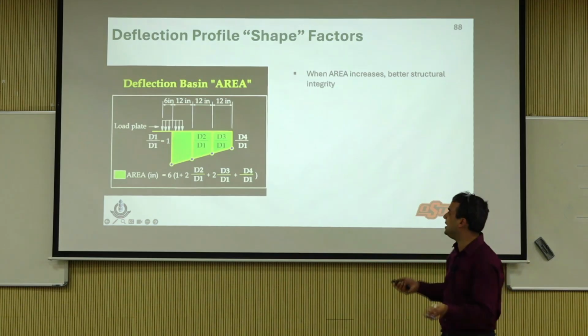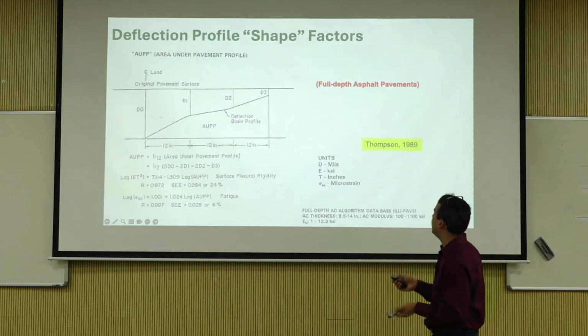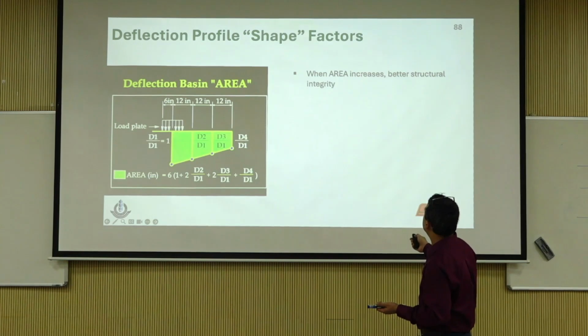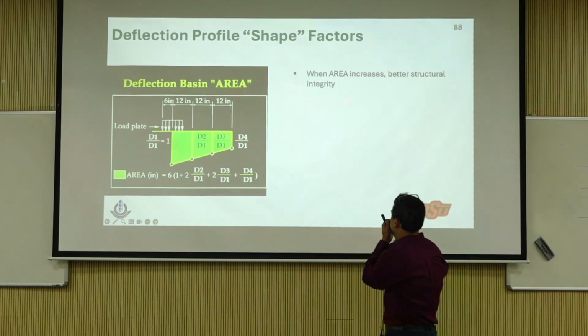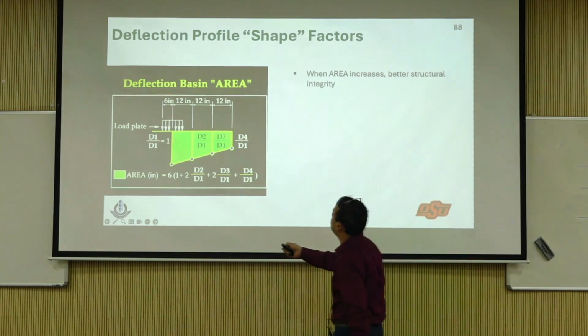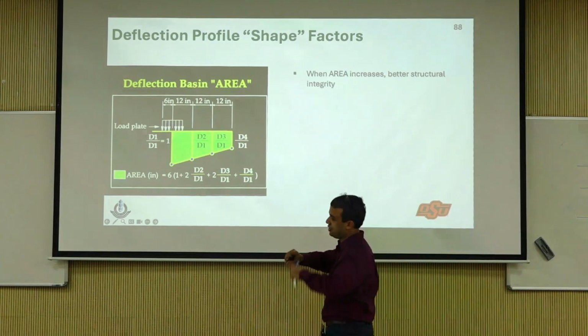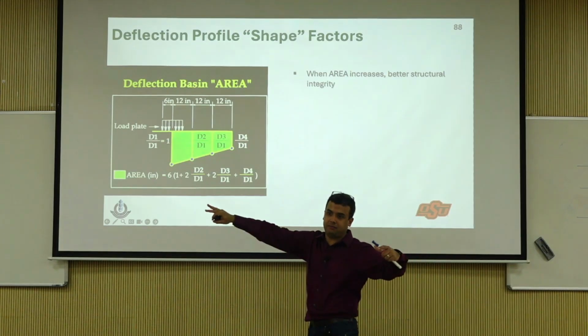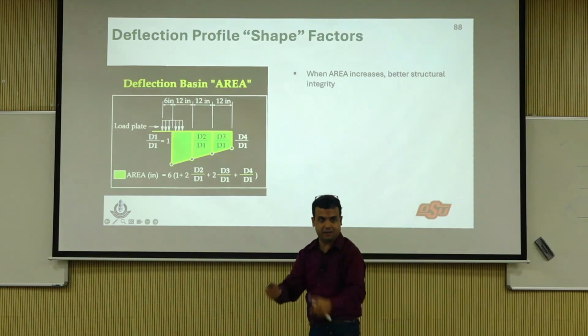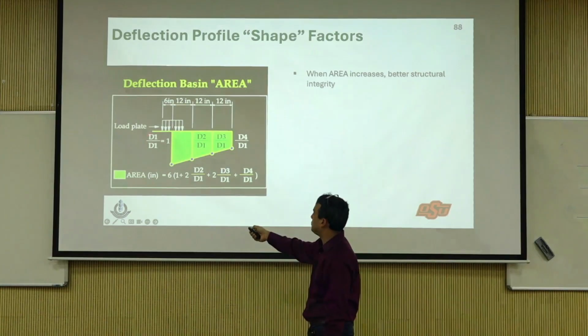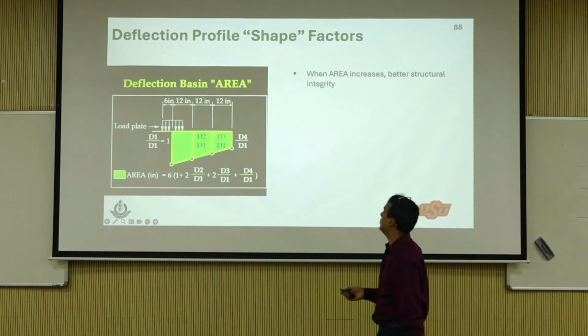So what they did is they defined this and said that higher area is basically better structural integrity because it's spreading over a larger width rather than being a sinking thing. That's why you're normalizing with respect to D0 or D1, whatever you want to call it.